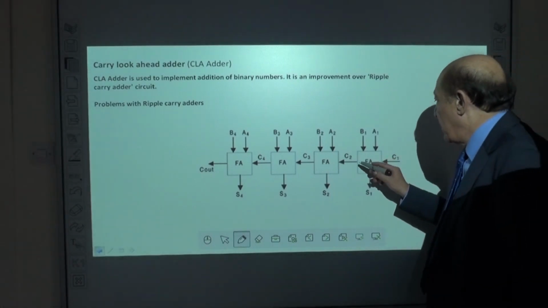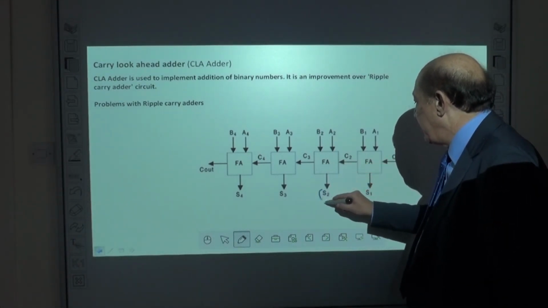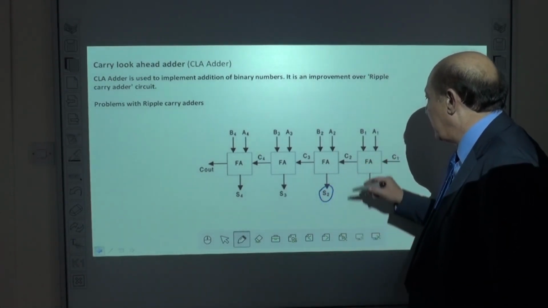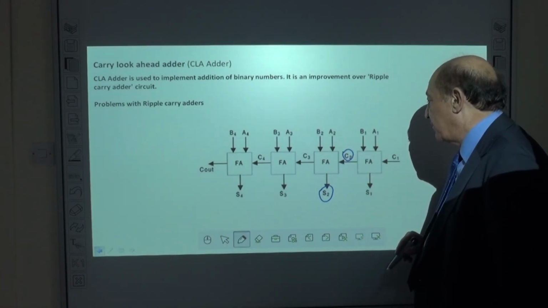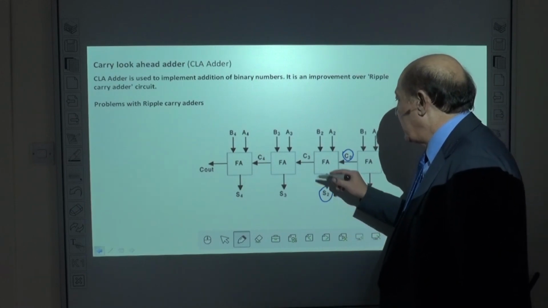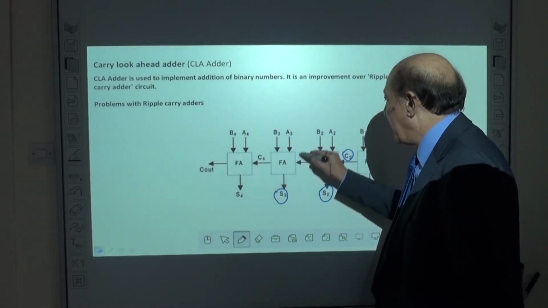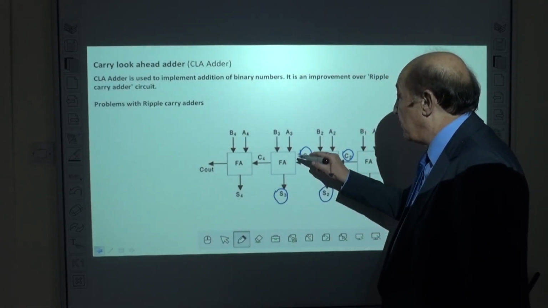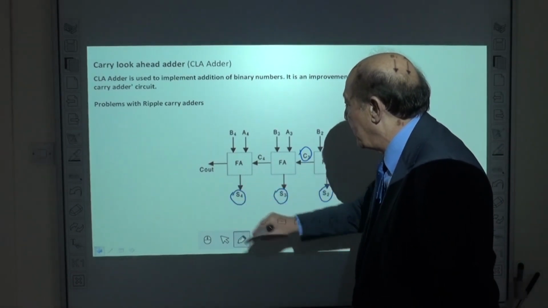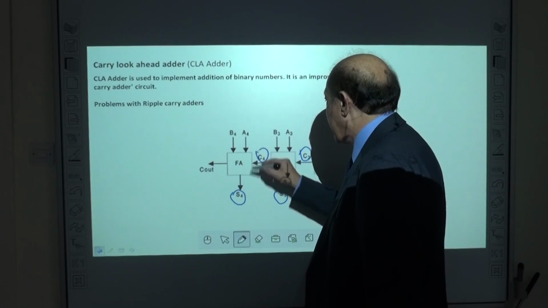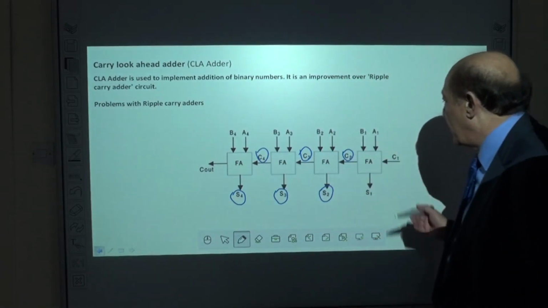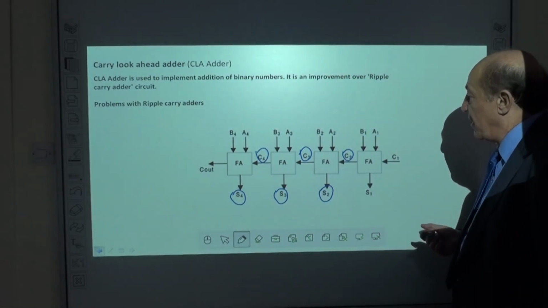Do you see, we cannot receive the sum here until the carry from here is generated, and we cannot receive the sum until we have the carry. Again, we cannot receive the sum until we receive this carry. So there is a delay.